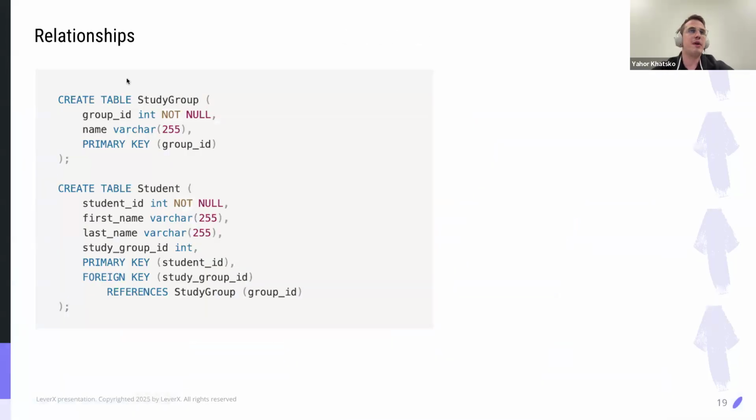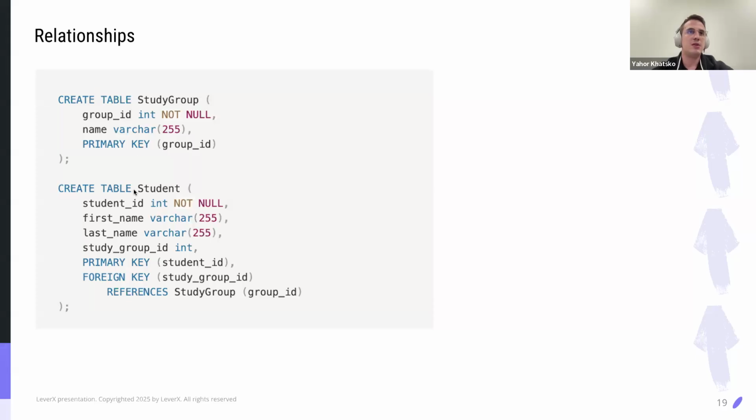To show you how we are doing that, as you can see, we have a group, and a group could have multiple students. For the group table, we have a primary key, the unique identifier of a row in the study group table.